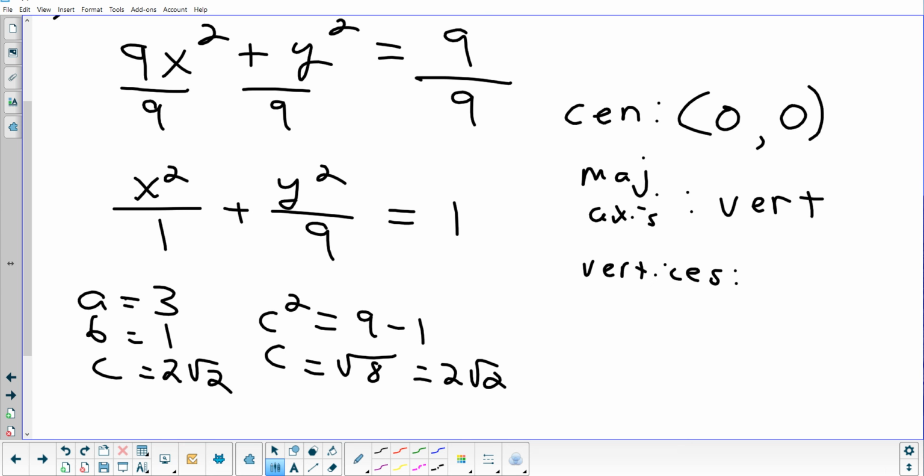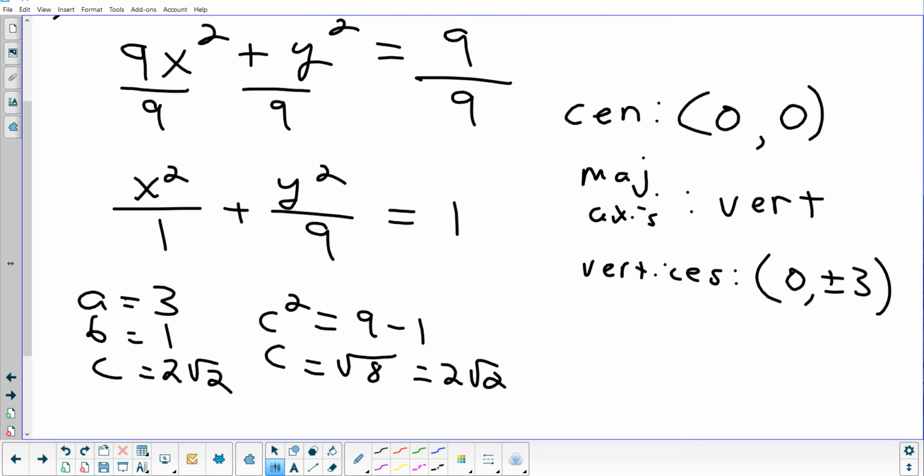Which way? Vertical, above and below. So can you tell me what the coordinate 3 units above and below that would be? 0, -3, and then 0, 3. Yep. And again, since it's at the origin and we have that symmetry, I'm going to use the plus or minus. Just saves a little bit of writing.